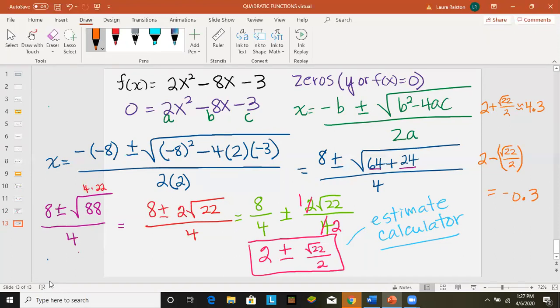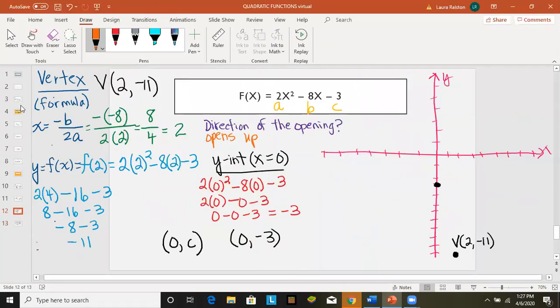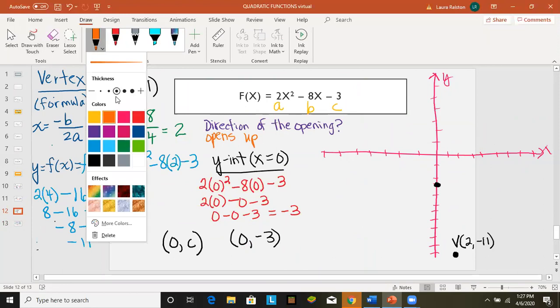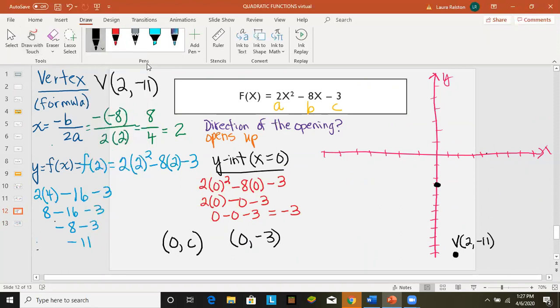So I'm getting a rough estimate, and I can use those estimates. If I go back to my graph, we found one at 4.3, so I can kind of guesstimate where that's going to be. Okay, 1, 2, 3, 4, a little bit past 4. And negative 3/10 is going to be somewhere between 0 and -1. So again, I'm just estimating, but it gives me that ballpark figure.